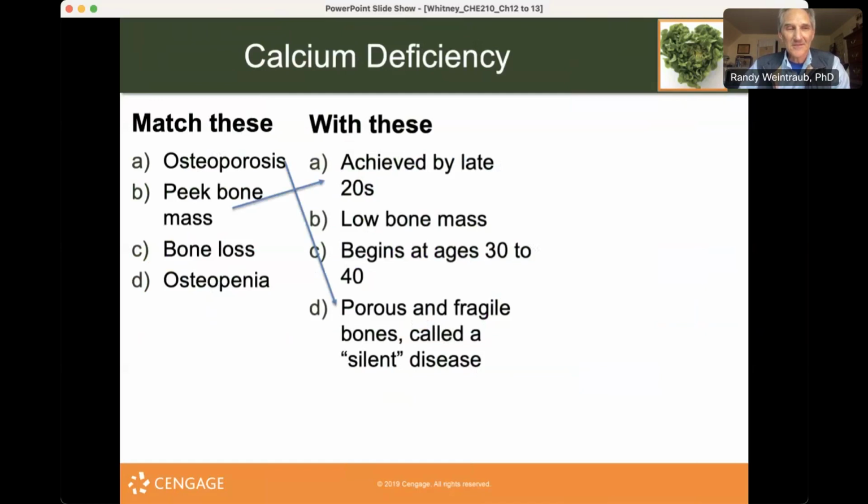Bone mass peaks in the late 20s. Bone loss begins at 30 to 40 and later. Osteopenia, this is the onset possibly of long-term bone loss and fragility. Osteopenia could lead to osteoporosis, which is very difficult, as I said, to reverse.